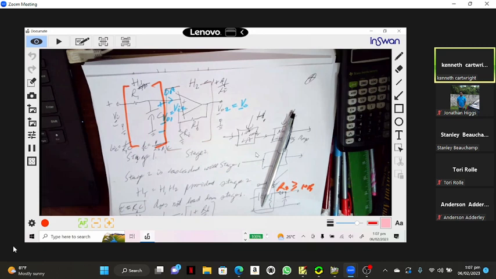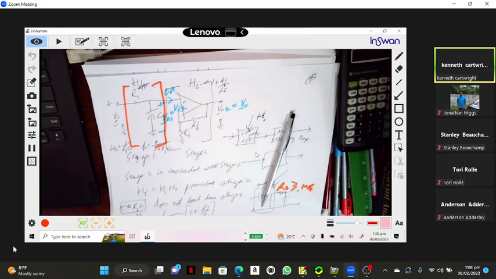See, we don't know basic facts, and therefore you get into trouble. The gain of a non-inverting amplifier is a positive real number. There's no negative involved. It is in fact 1 plus RF over Ri.